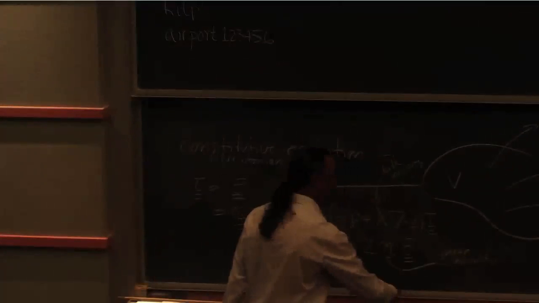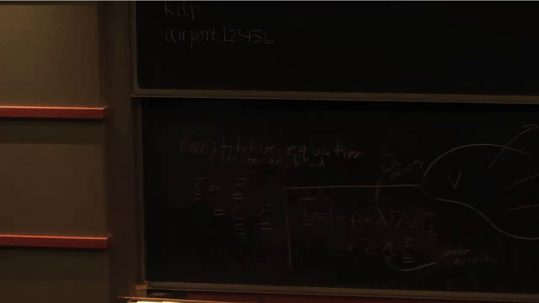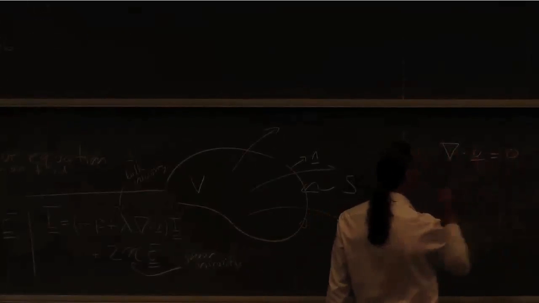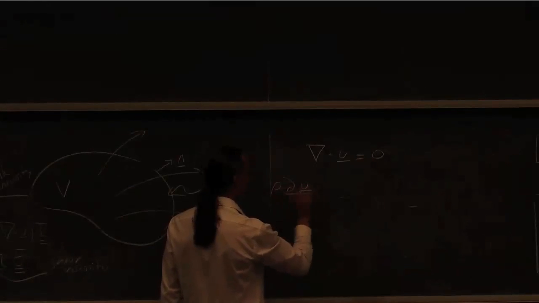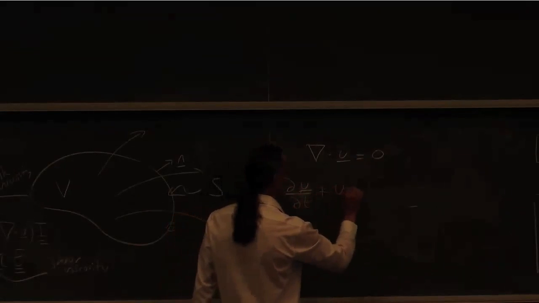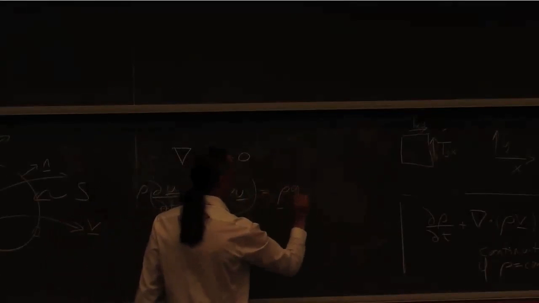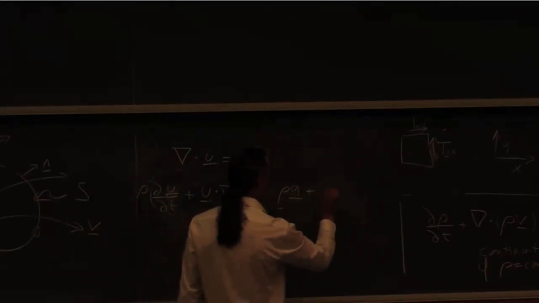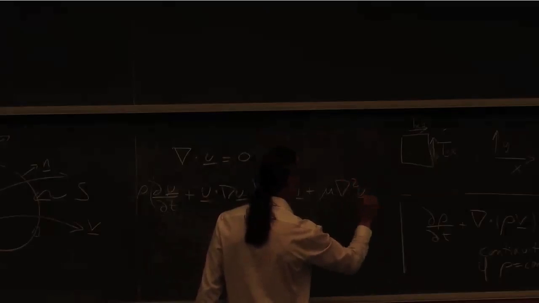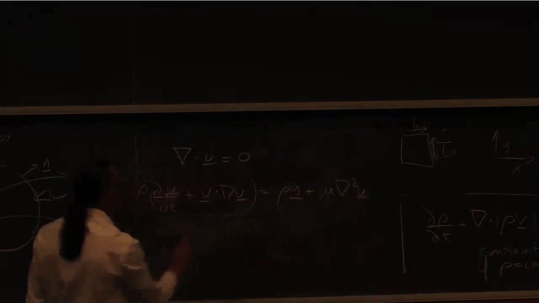So if we substitute this definition of stress into the equation that I had written on the board that I erased here that had the divergence of the stress, and we assume that the divergence of velocity equals 0, we have an equation that looks like density times the derivative of velocity with respect to time plus u dot grad u is equal to density times gravity plus mu times spatial derivatives of velocity.